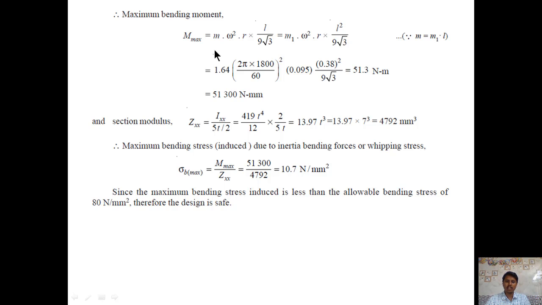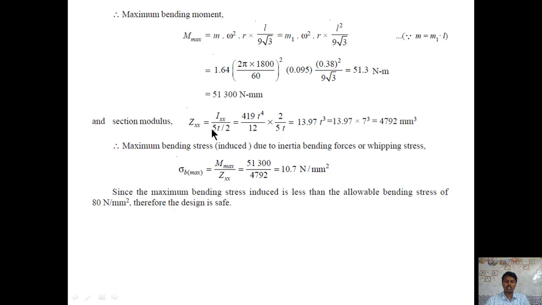Now, maximum bending moment M max equal to m omega square r into 1 by 9 root 3. Substitute mass value, omega value, r value, you will get 51.3 Newton meter.